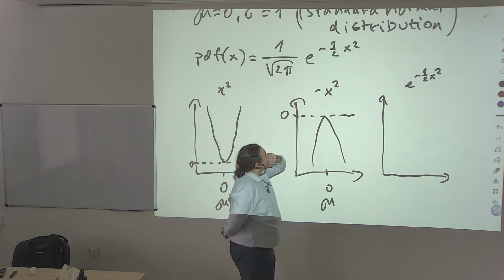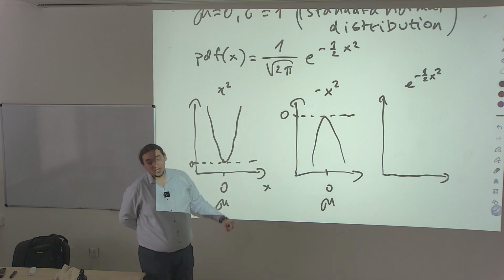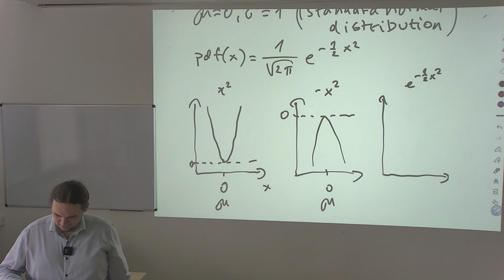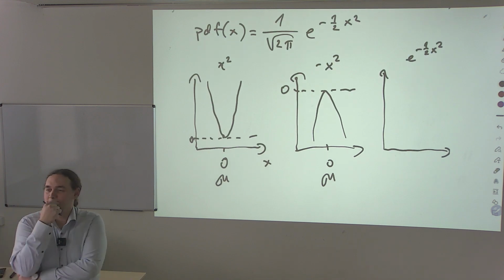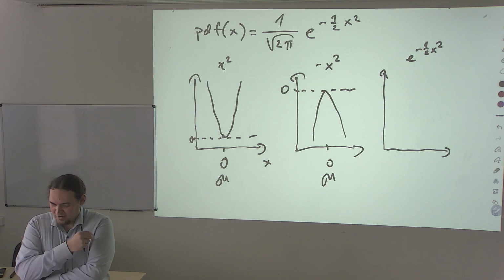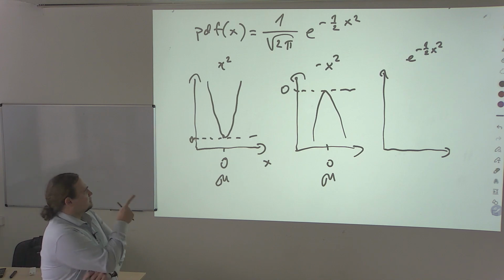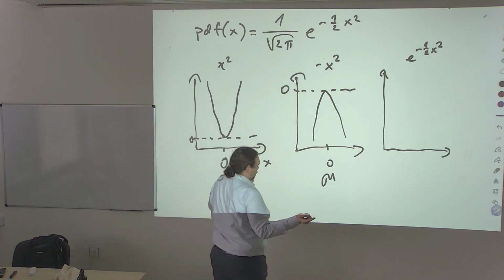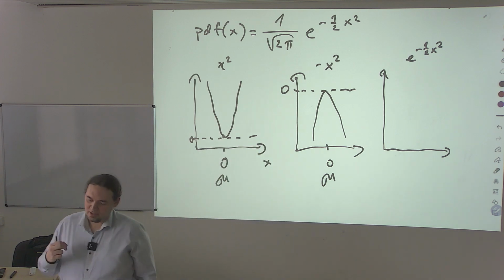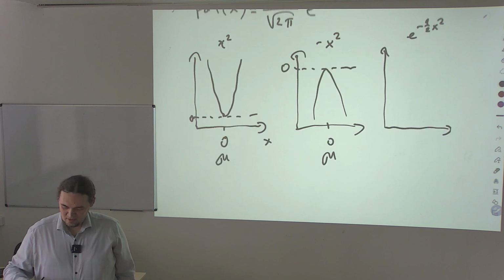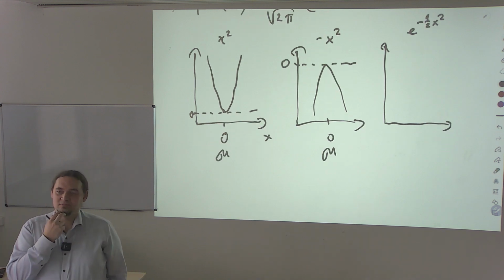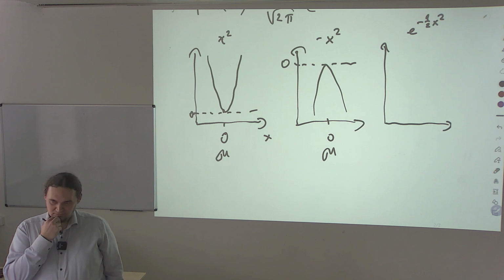But how would the shape change? Exponential function with quadratic. Okay. It should still look like the basic exponential function, I believe. Yes. And we can say that if the exponent is equal to 1, it's gonna be e.